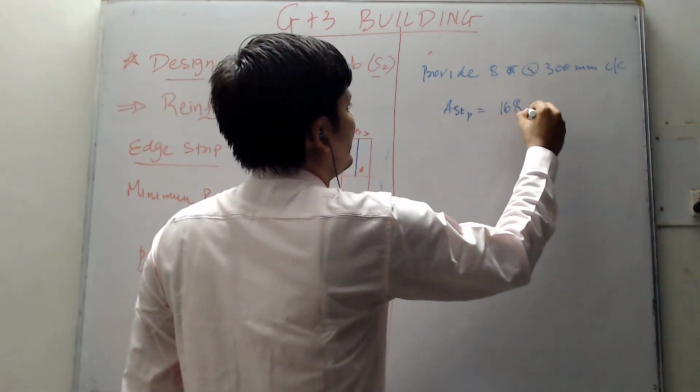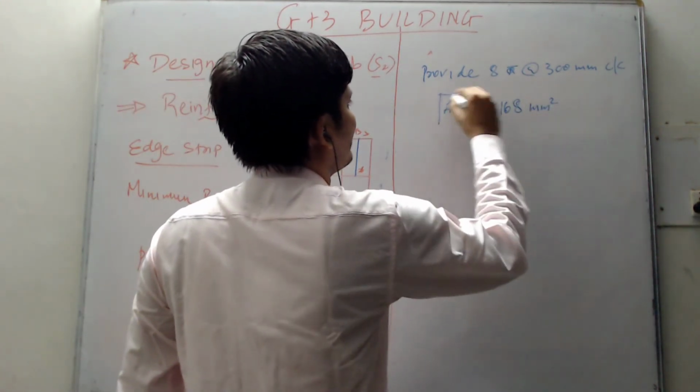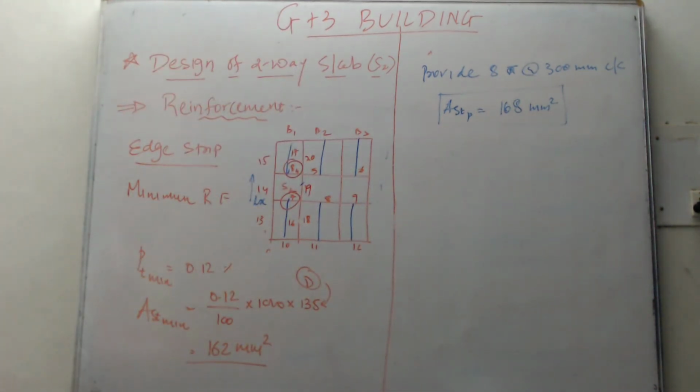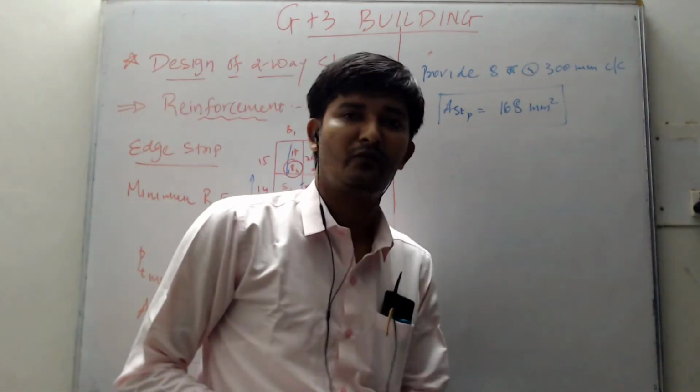So this completes our edge strip reinforcement, simple. We need to provide minimum reinforcement, that is 0.12%. With this we complete our design of two-way slab.